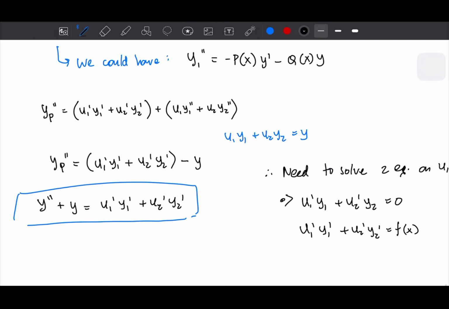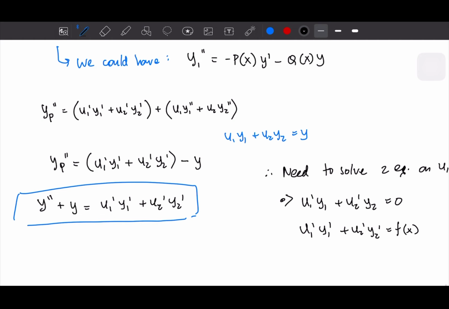The set of problems where you need to use this method is really limited, so not all problems can be solved this way. I think all the problems can be solved, but it really takes time. But for a problem like the tangent or the secant, we can solve it through variation of parameters easily.